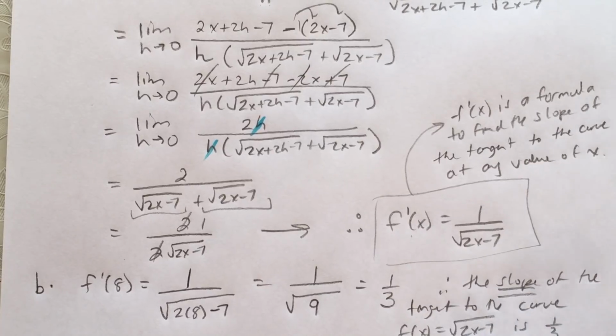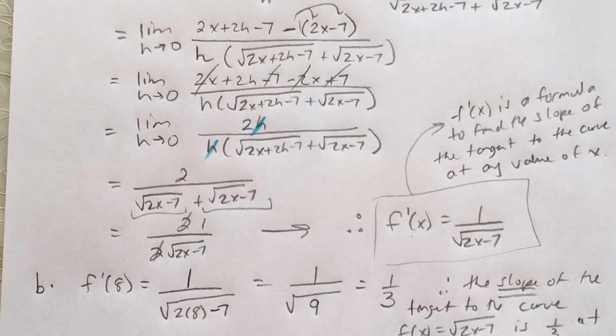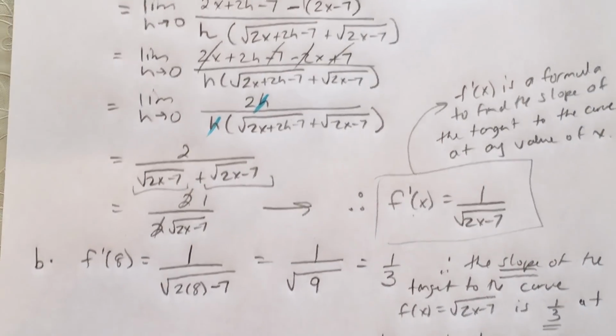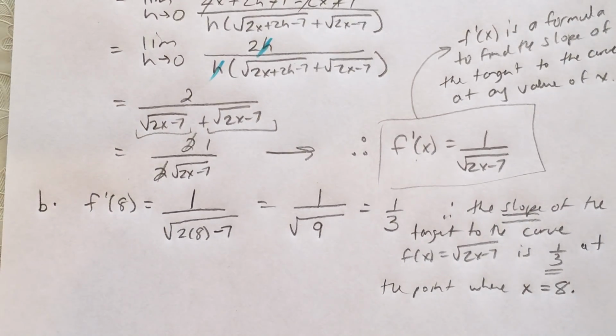So the slope is 1/3 at the point where x equals 8. So f prime at 8 is a third, which means that the slope of the tangent to the curve f at x equals the square root of 2x minus 7 is 1/3 at the point where x equals 8.